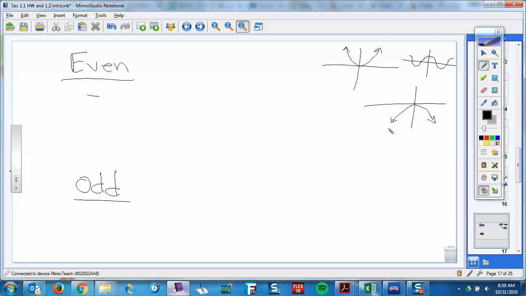These are all even functions right here. They reflect across the, but not the x-axis, the y-axis. They have y-axis symmetry, we call that. They are mirror images in the y-axis.